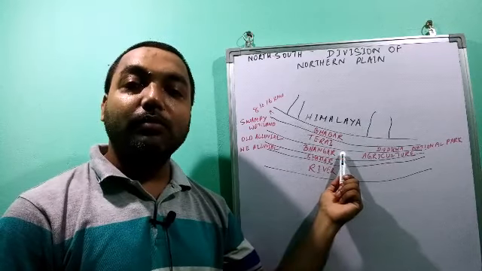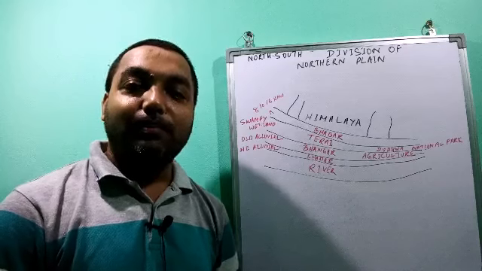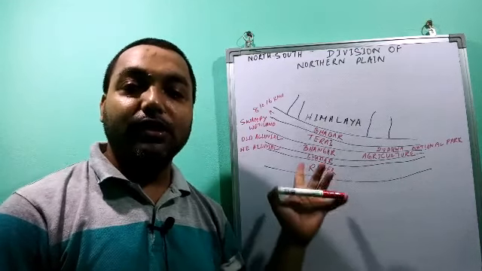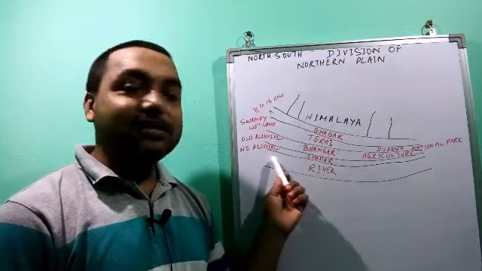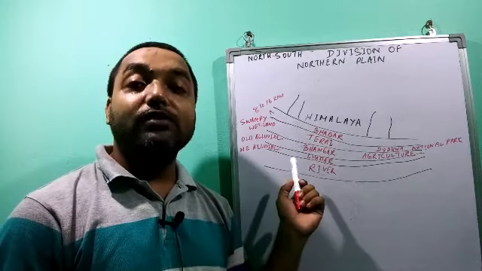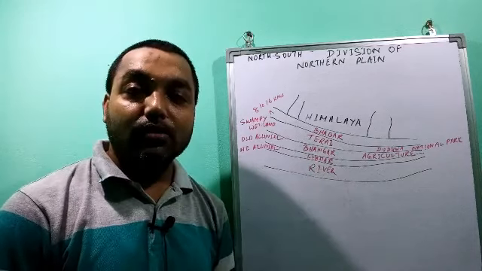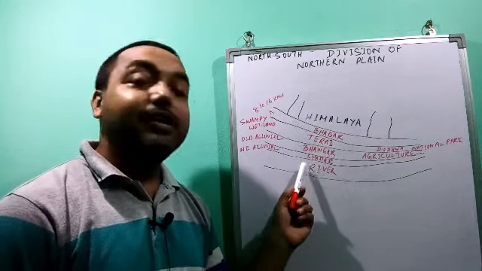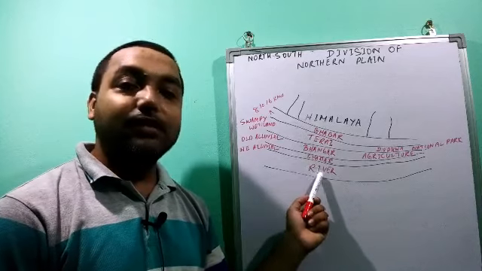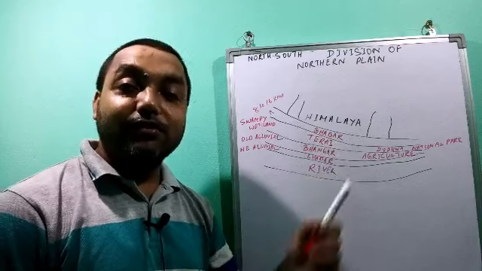Here one more important thing: Kankar, a pebble-like structure, is found in this belt. Next, the last belt, near to the river, is where new alluvial soil is found. It is known as the Khaddar belt. This Khaddar belt is very near to the river, and that is why year after year it is renewed.